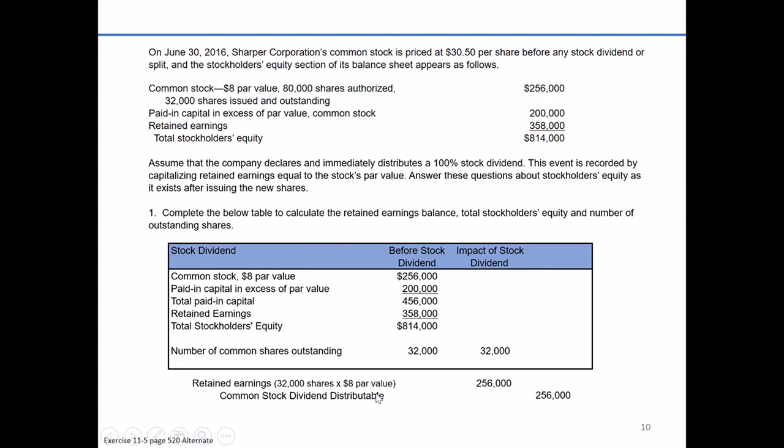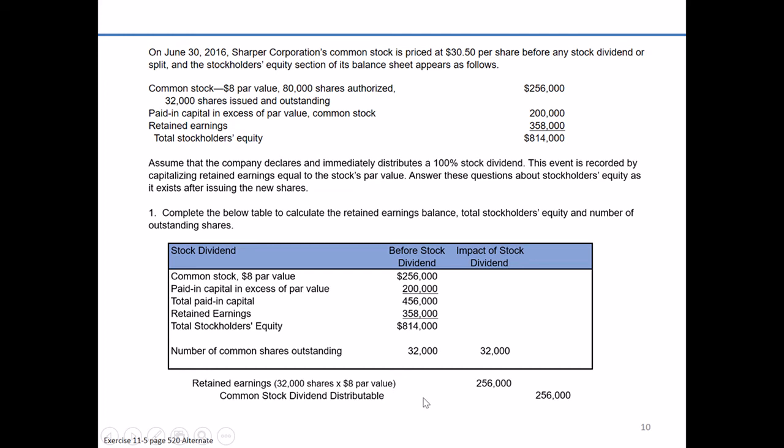If it's a large stock dividend, we take the number of additional shares being issued, so 32,000 shares additional being issued, and we multiply it times the par value. Which, if you recall from here at the top, par value is $8. So $8 par value times 32,000 shares equals a debit to retained earnings, or a reduction to retained earnings, of $256,000. Again, I think it helps to build the journal entries so that we can start thinking through what the impact is on the individual accounts.